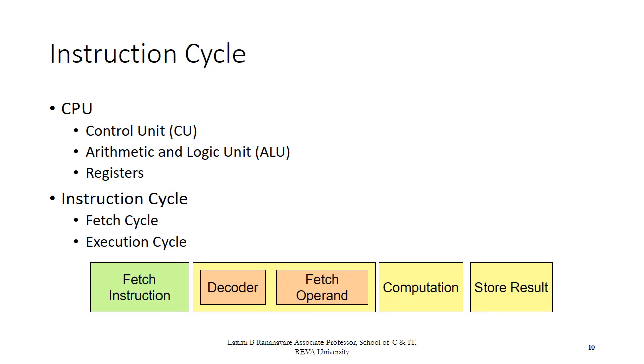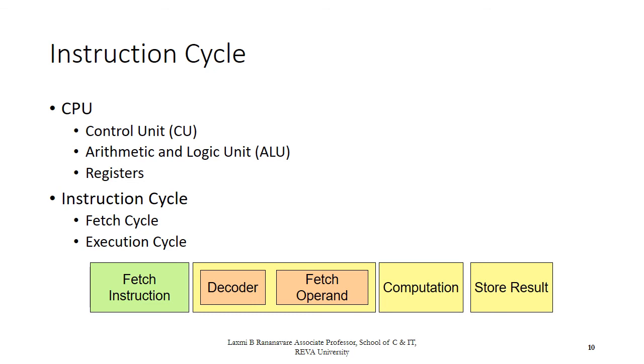Similarly, in the instruction, we have the other part called the operand part, which has the address of the operand. So any instruction will have two parts: one is the opcode part and the other is the address of the operand. That address of the operand is present in the instruction.